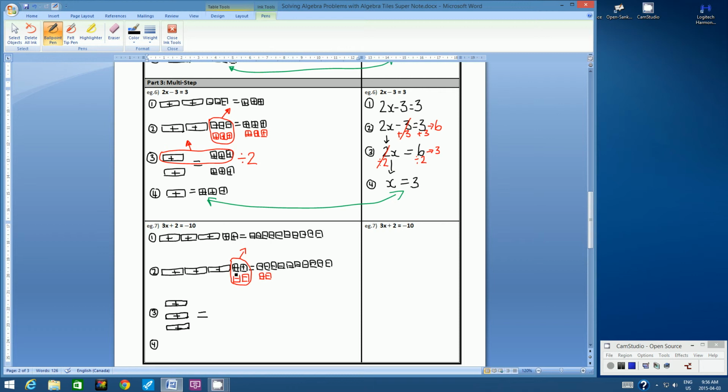Now on the right-hand side, we have 12 negative tiles. Well, how would you separate 12 negative tiles into 3 even groups? Well, hopefully you would put 4 negative tiles in each group.